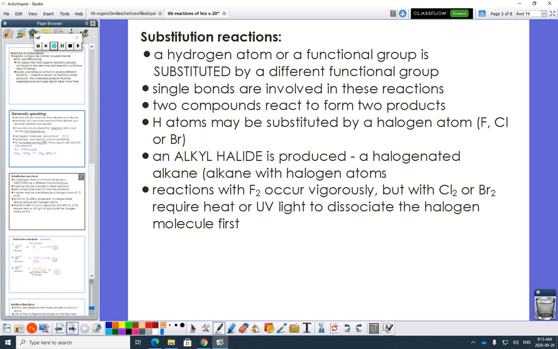In an alkane, if it's just a hydrogen, it doesn't matter at all. Or look for the functional group that's being switched. And make sure that carbon still always has 4 bonds. If you take something off of carbon, you want to make sure you put something back on. Same with me. If I wasn't here, they would have to put somebody in my place. So substitution is single bonds.